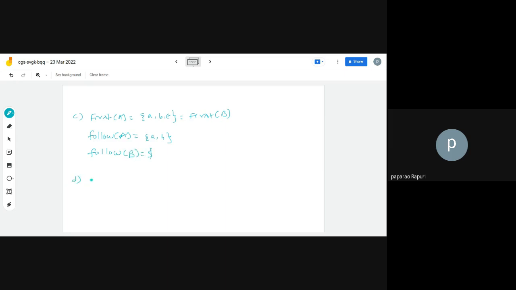Option D. First of A equals to small a comma b, that is equals to first of B. Follow of A equals to small a small b. Follow of B equals to small a comma small b.